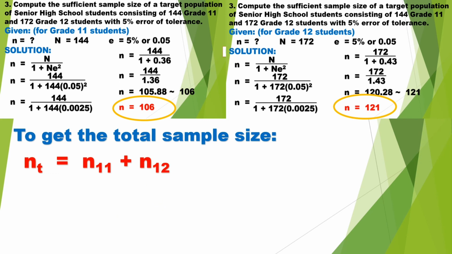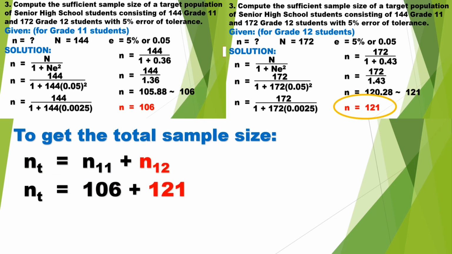Or in other words, we will add the sample sizes of grade 11 and grade 12 to get the total sample size of all the senior high school students. By substitution, the sample size for grade 11 is 106, the sample size for grade 12 is 121. By adding them, 106 plus 121 equals 227.